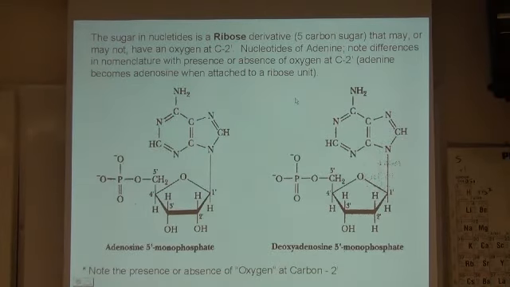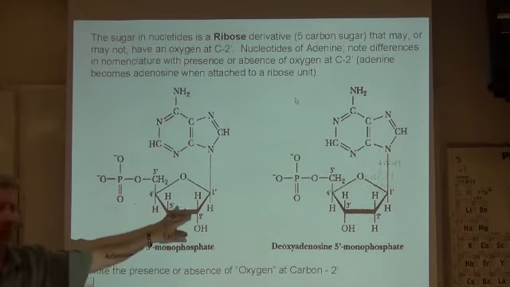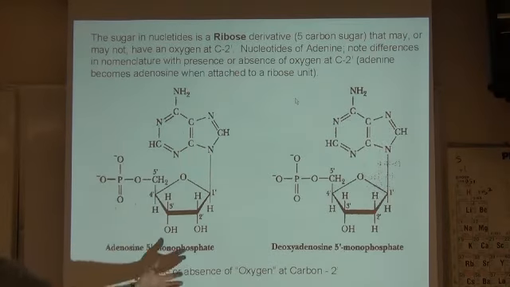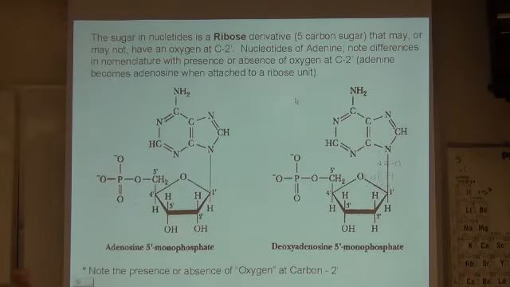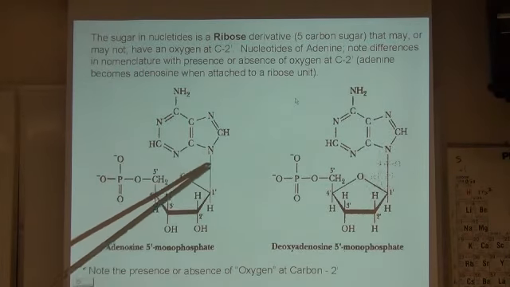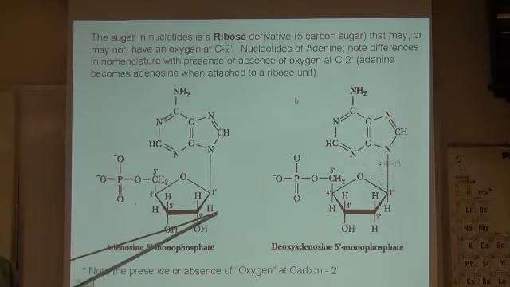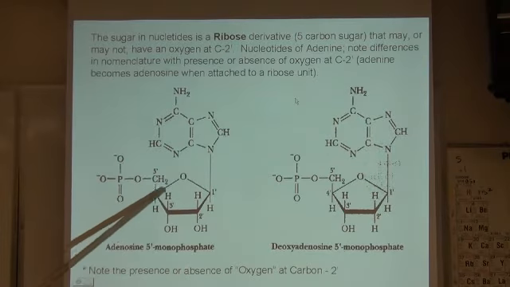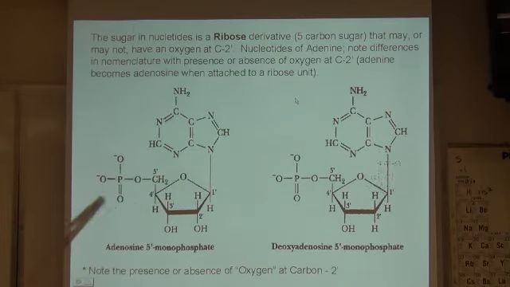So we'll be referring to 1 prime, 2 prime, 3 prime. But just know that normally in our chapter on carbohydrates, where we numbered our carbons 1 through 6 or 1 through 5, these are the same numbers that correspond to that. Notice it is going up, which makes it beta. At the 5 prime carbon is where we have the phosphoric acid residue attached.